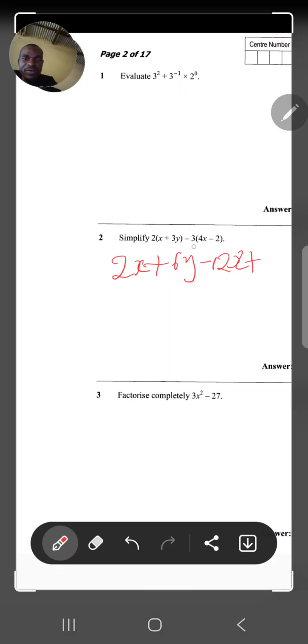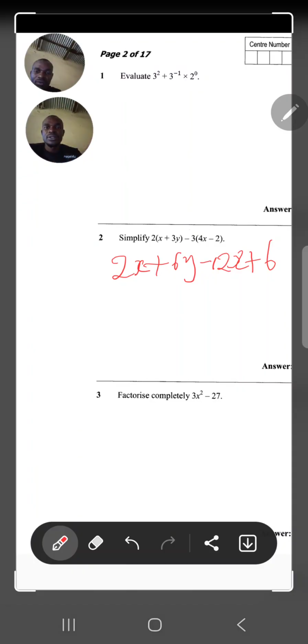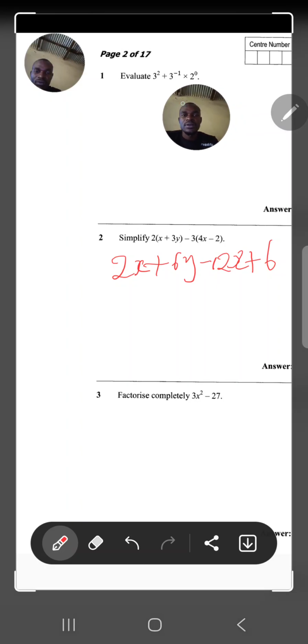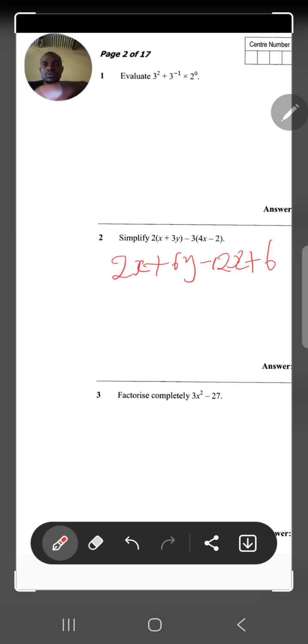Negative times negative gives us positive. 3 times 2 is 6. All right, so we proceed from there by looking at the like terms.